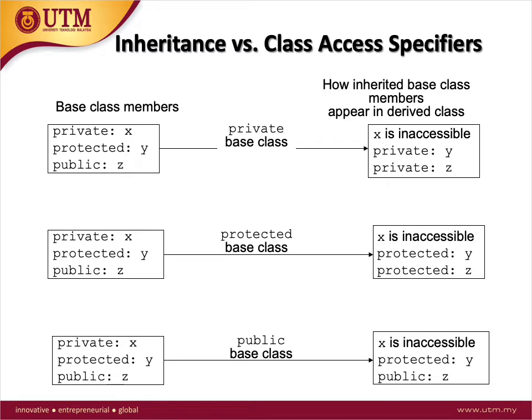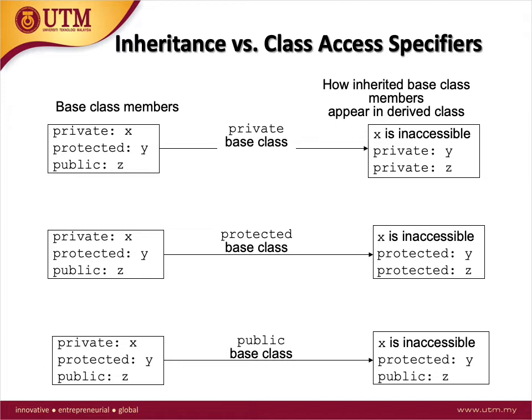For the private inheritance, in the derived class X is inaccessible. Even though Y and Z in the base class are protected and public, when you use the private inheritance specifier, Y and Z become private. Same with protected. If you are using protected inheritance to access the base class, X is private.